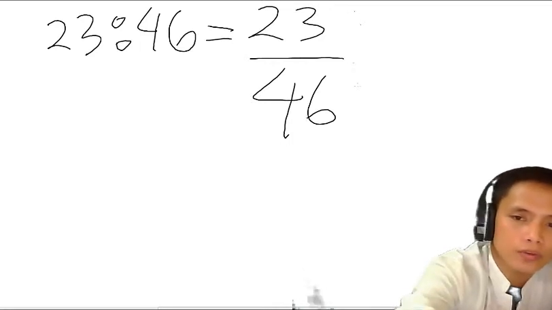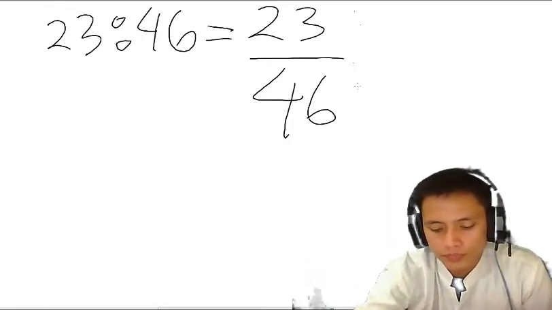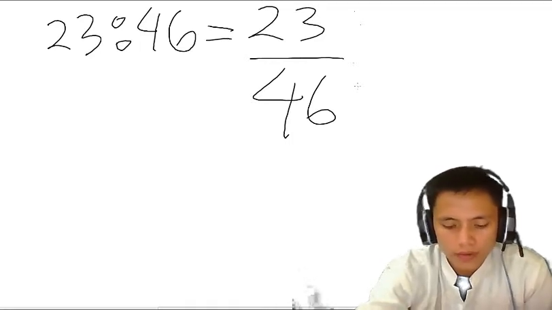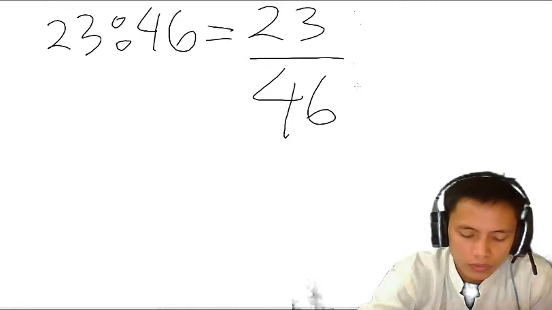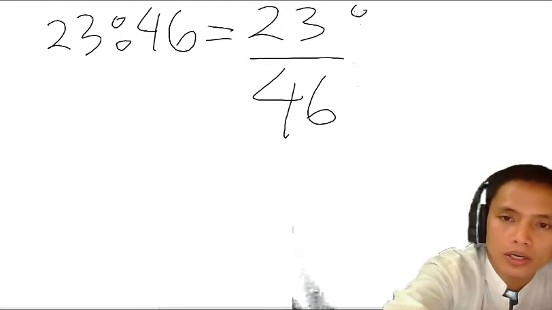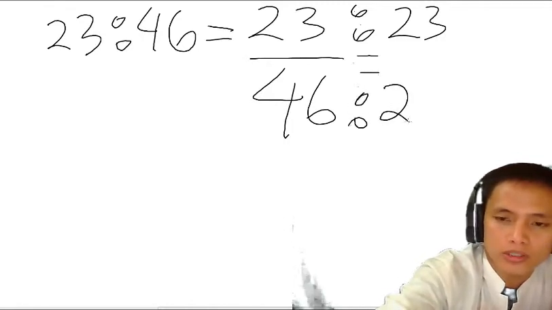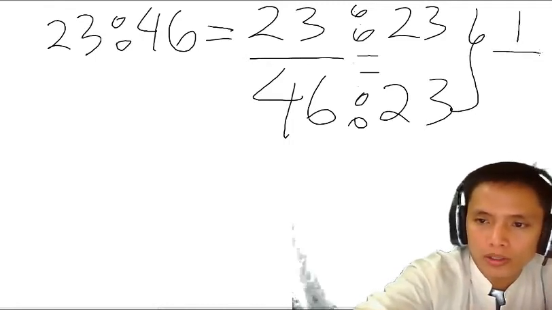If you see 23 and 46, the common factor is 23. We divide 23 by 23 and divide 46 by 23, and then it's equal to 1 over 2.